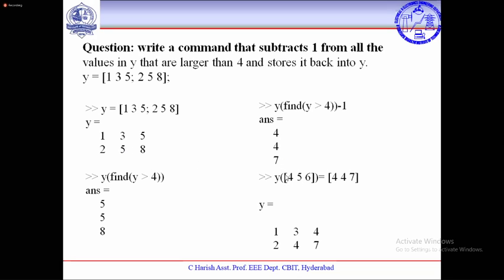So you write y of 4, 5, 6 equal to 4, 4, 7. So it will replace these values. Is it simple or not? Y of 4, 5, 6, you are asking for these values. What are those values? 4, 5, 6 is 1, 2, 3, 4, 5, 6. This 5, 5, 8 is replaced with 4, 4, 7. You are asking for this replacement. Is the command done or not? Is the required one done or not?